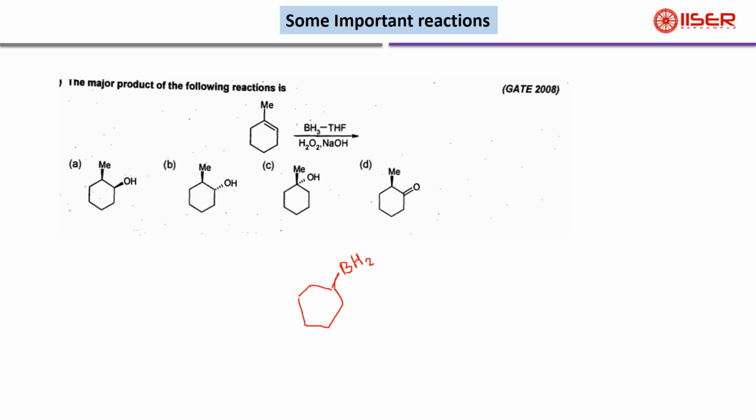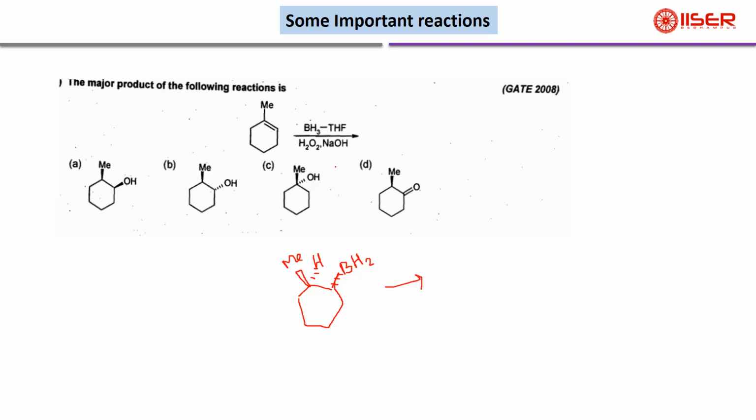So if we just imagine this methyl group is above the plane and this total reagent is approaching from below the plane, there will be a hydrogen and this will also be a wedge bond. So they are approaching from below the plane.